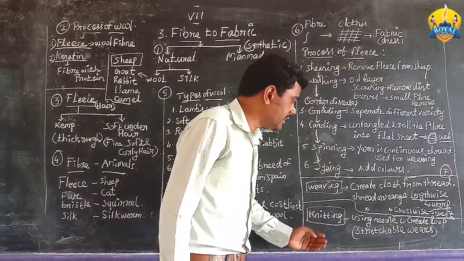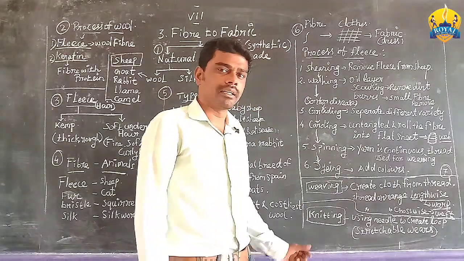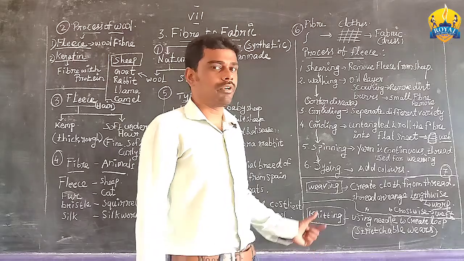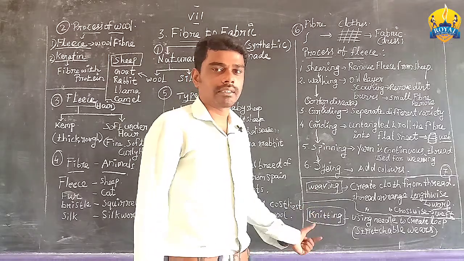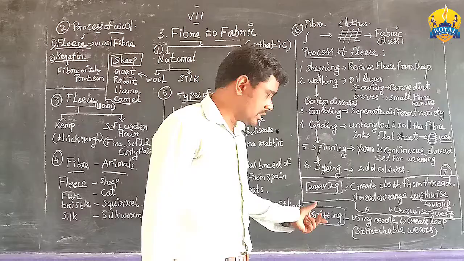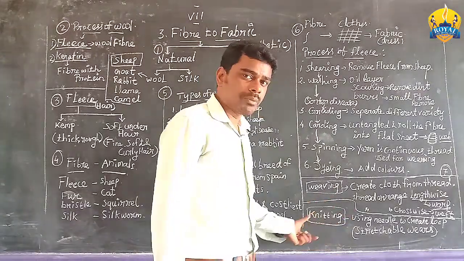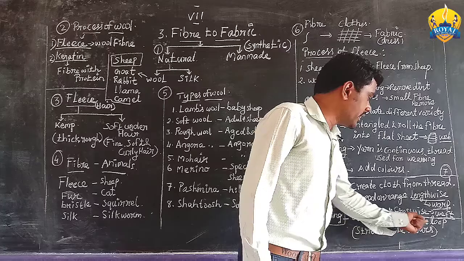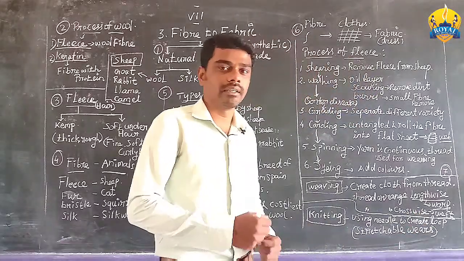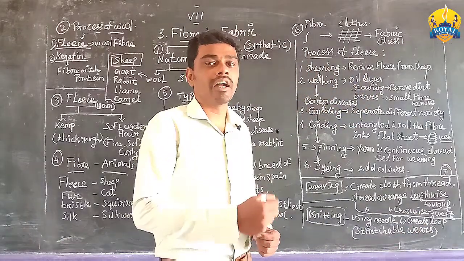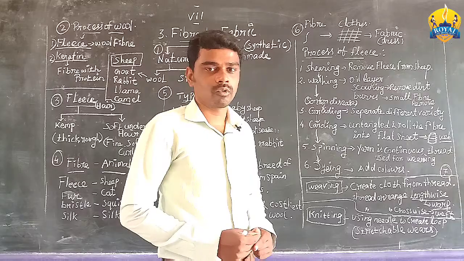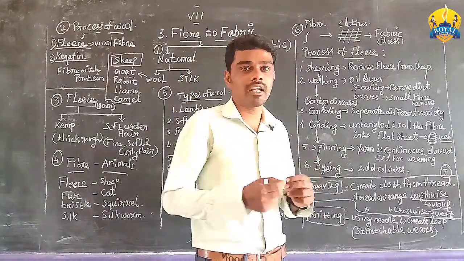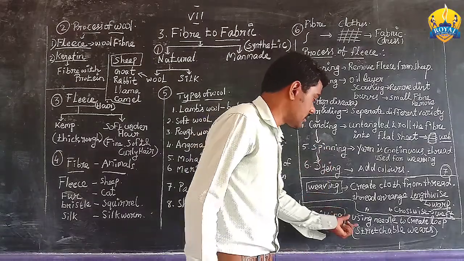And then next, the knitting method. What is knitting? It produces stretchable cloth and gym cloth, which we wear now. These are all prepared in the knitting process, which uses needles to create loops. Handmade sweaters, like we prepare at home, use long needles.